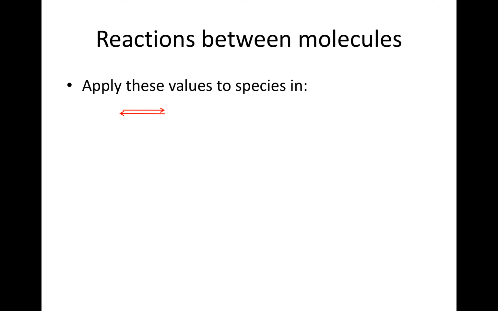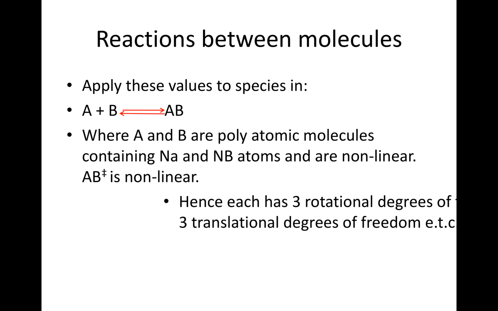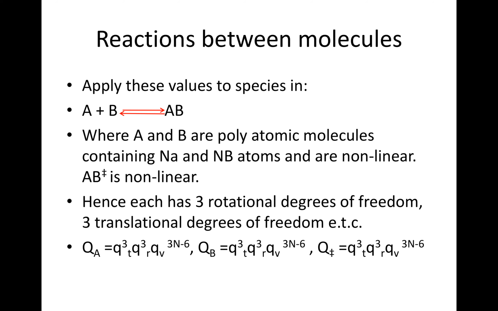Apply these values to species in A plus B to give AB‡, where A and B are polyatomic molecules containing N_A and N_B atoms and are nonlinear. AB‡ is nonlinear. Hence, each has 3 rotational degrees of freedom, 3 translational degrees of freedom, etc., as seen before.